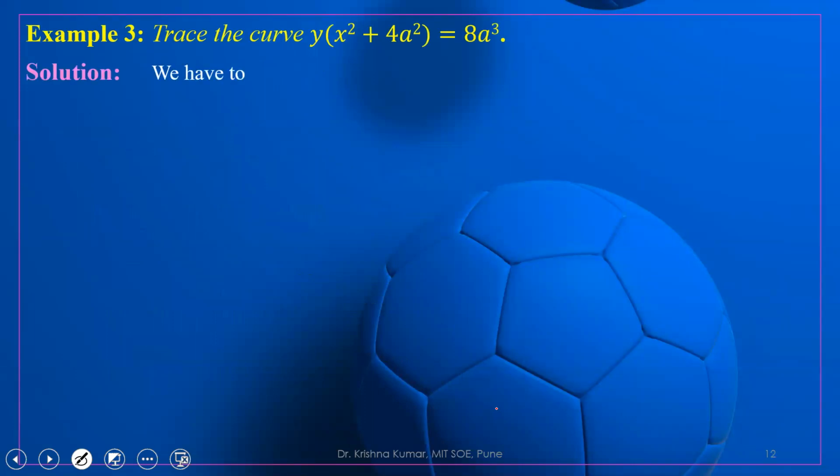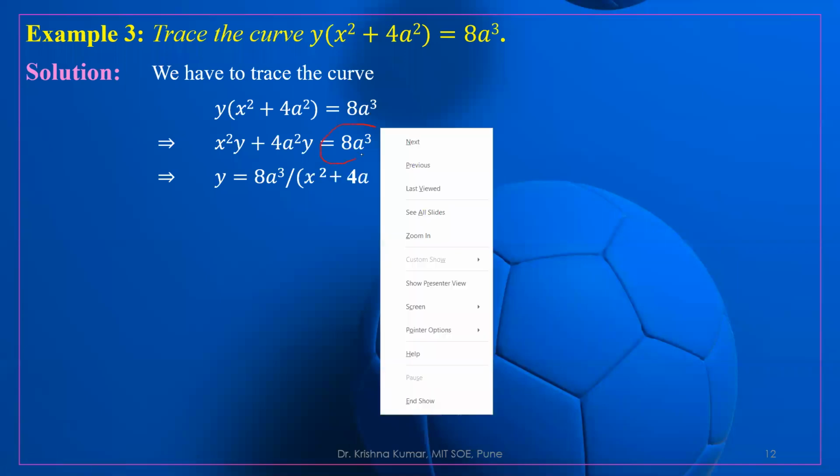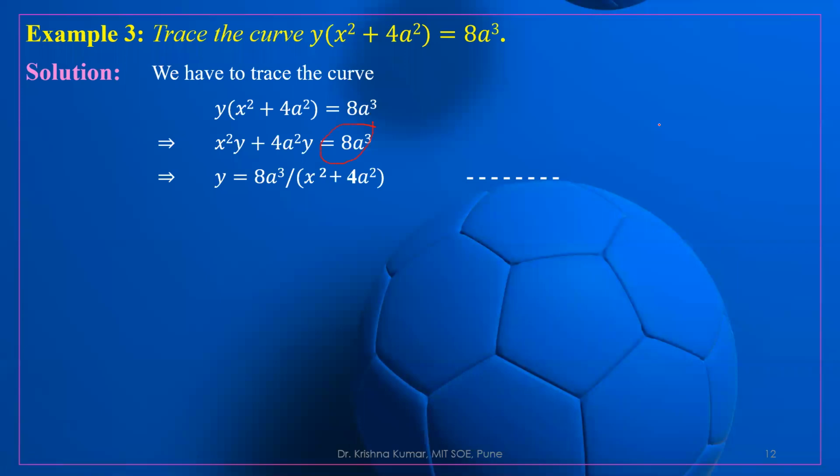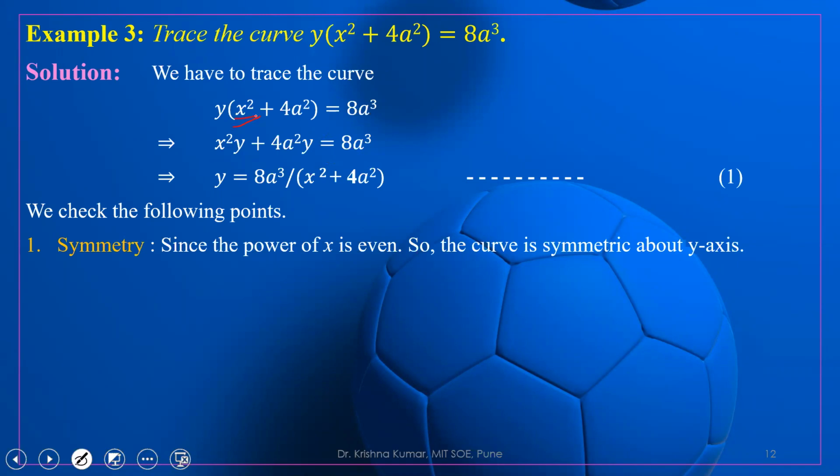Another example. Now here, if you see this curve, there is a constant term, an absolute constant term. So it will not pass through origin. Correct? Symmetry: since the power of x is even over here, it is symmetric about the y-axis.